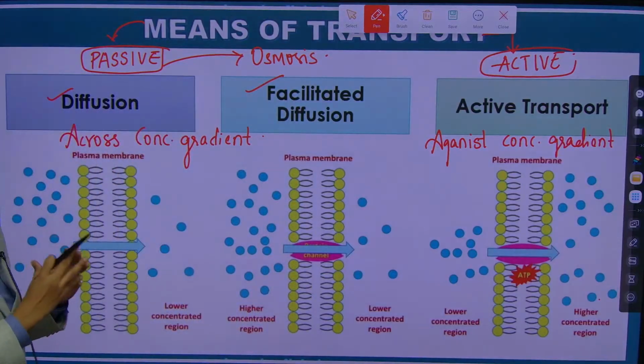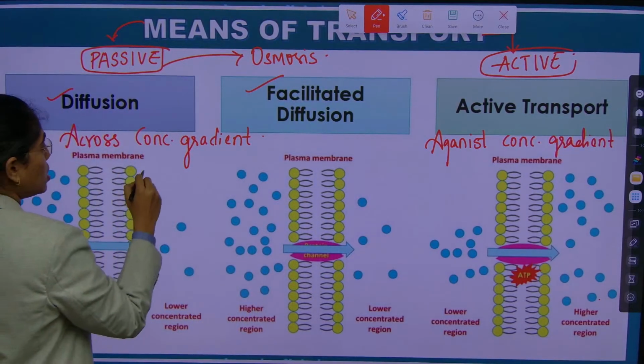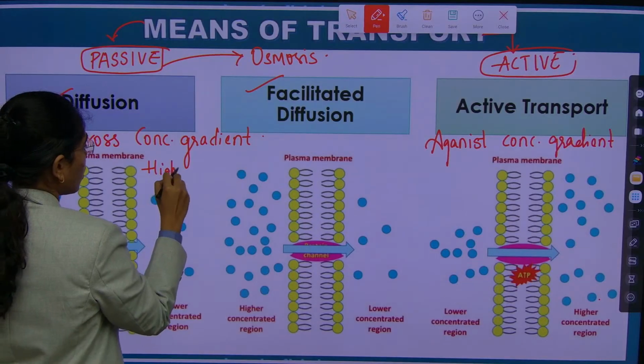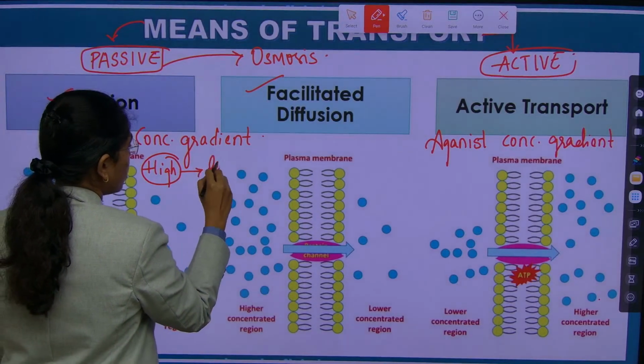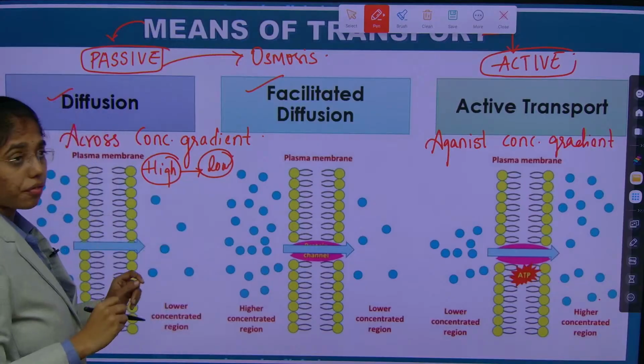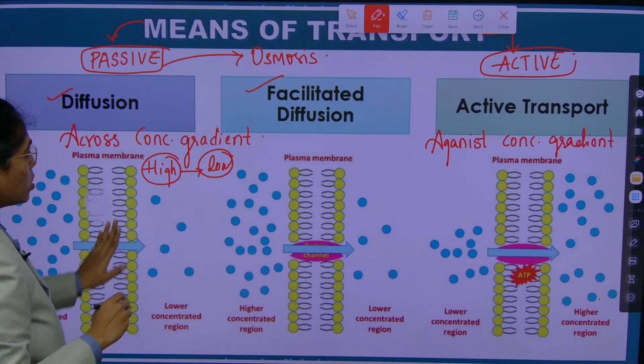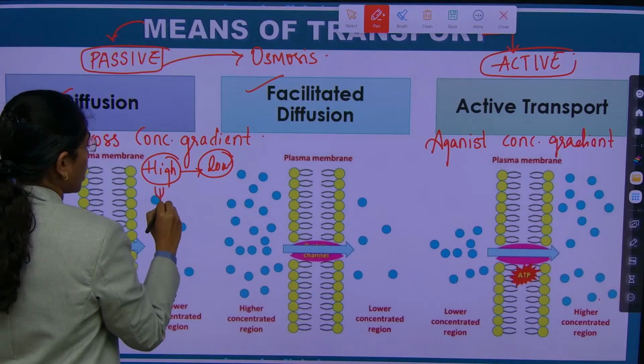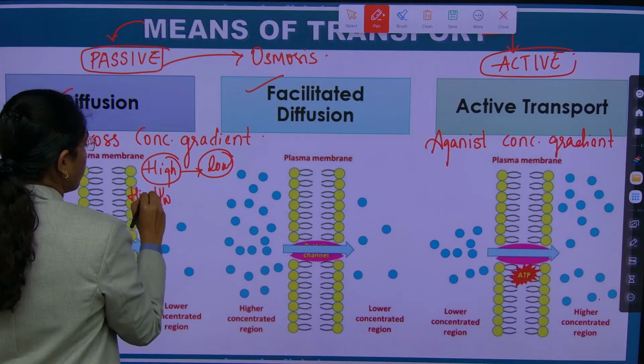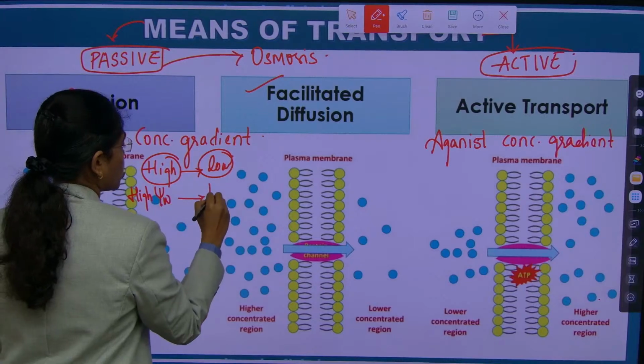Remember, across the concentration gradient means it is from high concentration to low concentration. Higher water potential to lower water potential. High concentration means high water potential to low water potential.